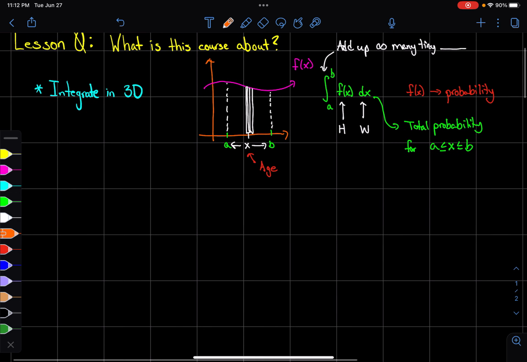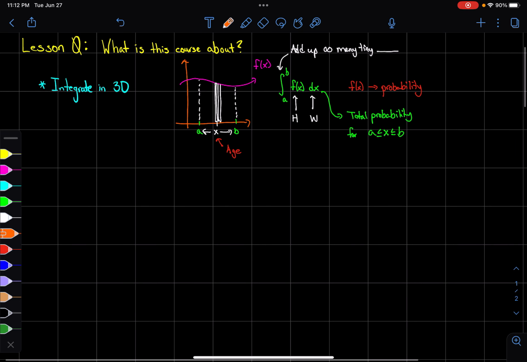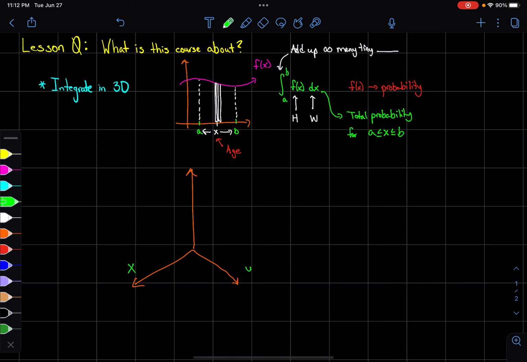So a natural extension into 3 dimensions would be to say, what if we have a 3D function that is based not only on your age, but also on your income? Maybe it looks like this. It's based on your age and your income, and it still represents the same thing: the probability of something happening.